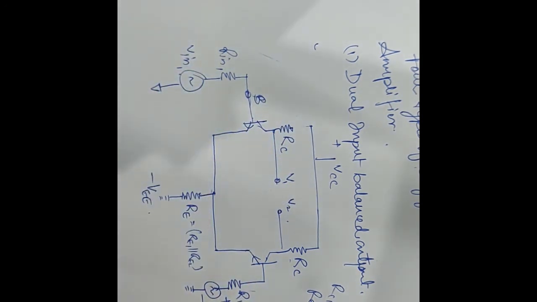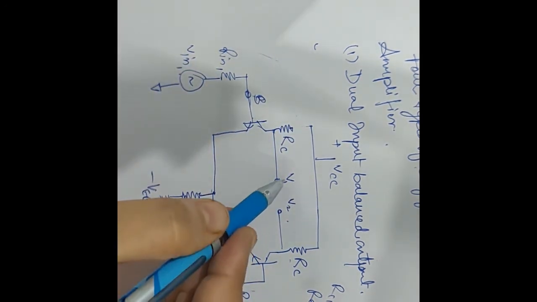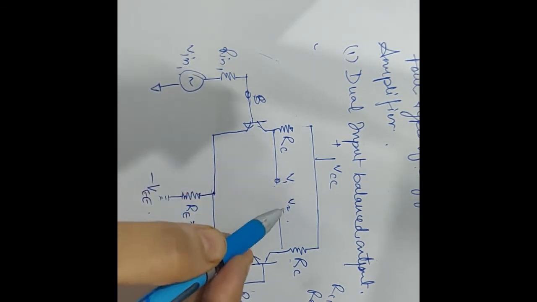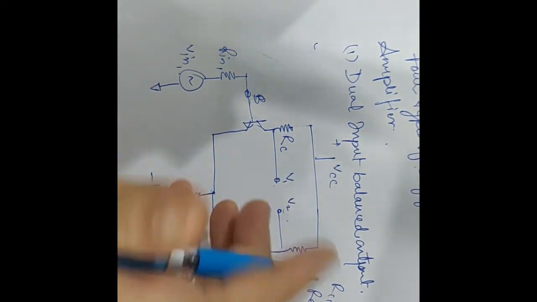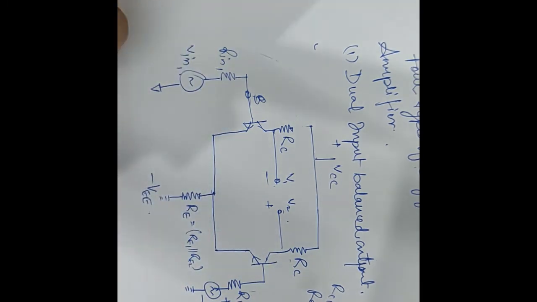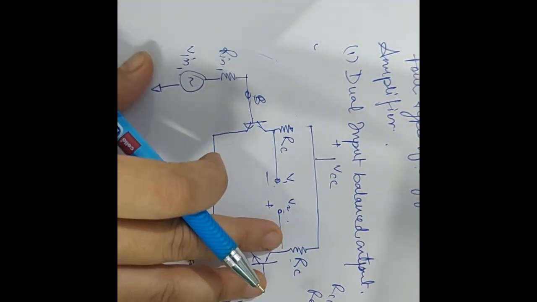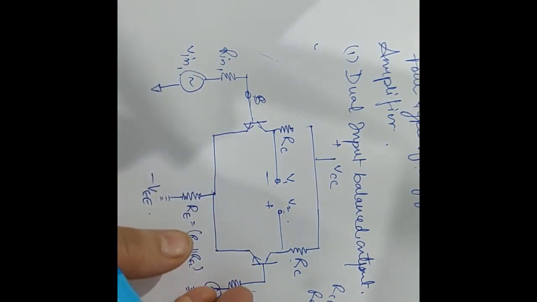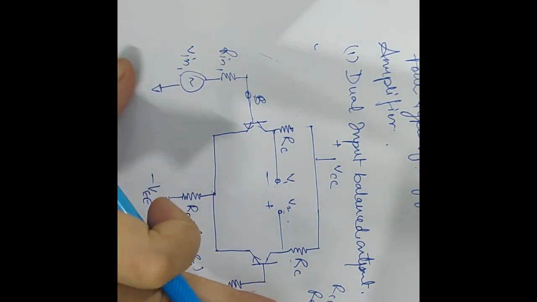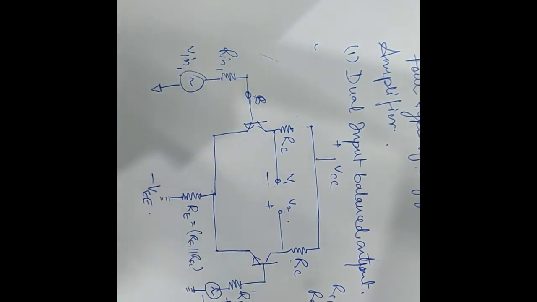We are applying two inputs and measuring the voltage between these terminals, so we are calling it a dual input balanced output. Now to understand the amplification and to measure the gain, the input resistance and the output resistance of the system, we need to do some AC analysis and DC analysis as well.